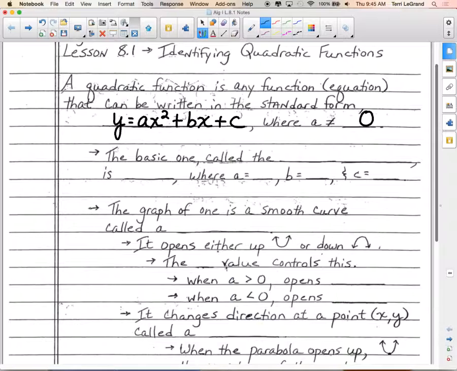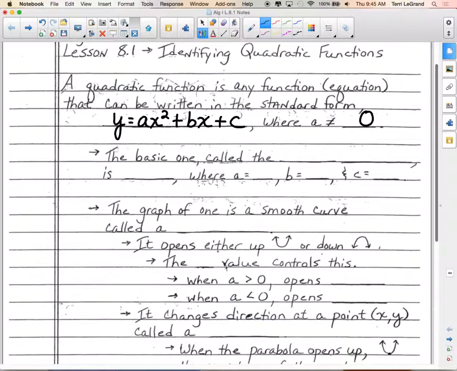Did it say anything about b and c can't equal 0? No. Okay, in fact, looking at your homework that you did for today, will you look at the quadratic functions on that, please? What's the a value in number 2? 1.